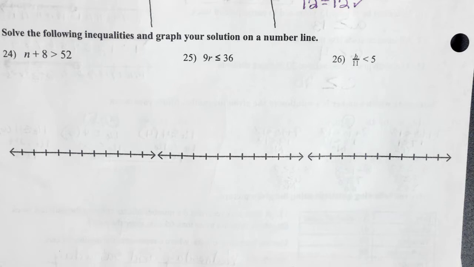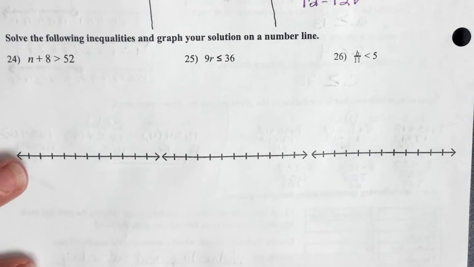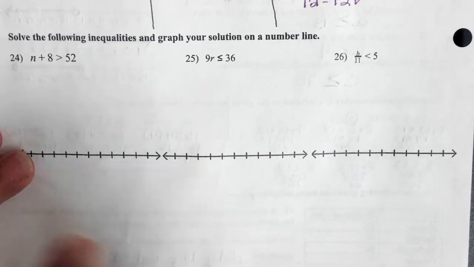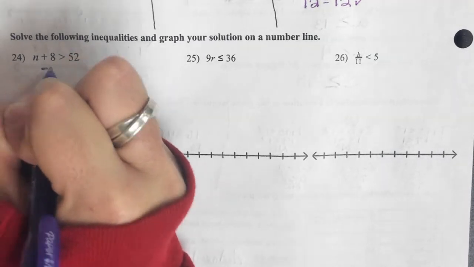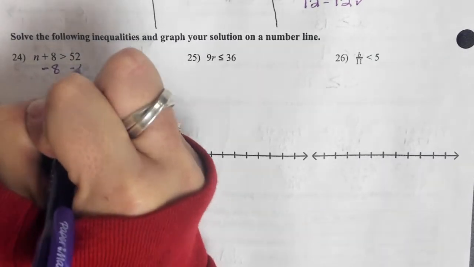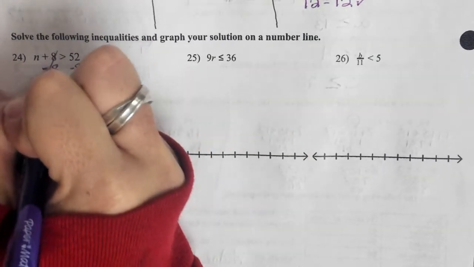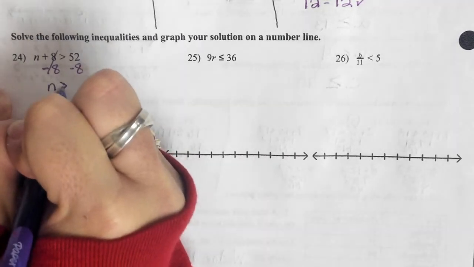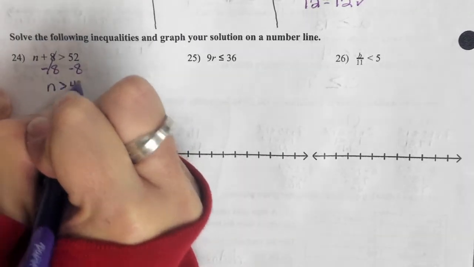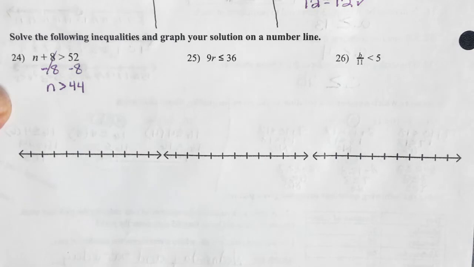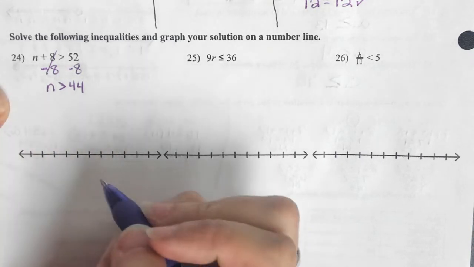Here we go. So listen, be finishing this up with me. Okay, we got plus 8. The opposite is minus 8. Leaving me with n is greater than, I think it's 44. Yes, 44.